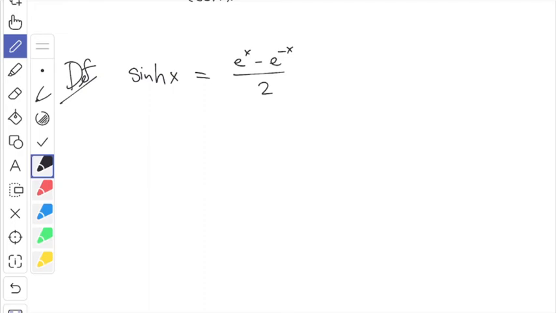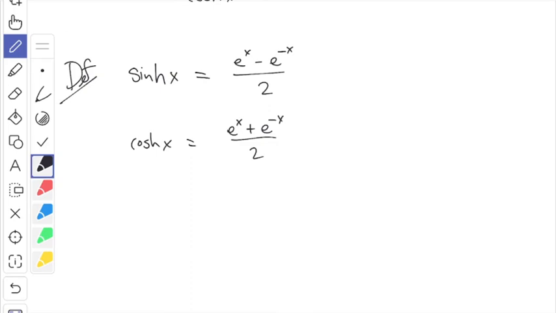Unlike the sine, if I ask you what is the sine of 32 degrees, you really have no formula you can plug that into. You can type it in your calculator, but there's no way by hand to figure that out. Sinch just has this formula. And cosh has a similar formula. The only difference is that plus in the middle rather than the minus.